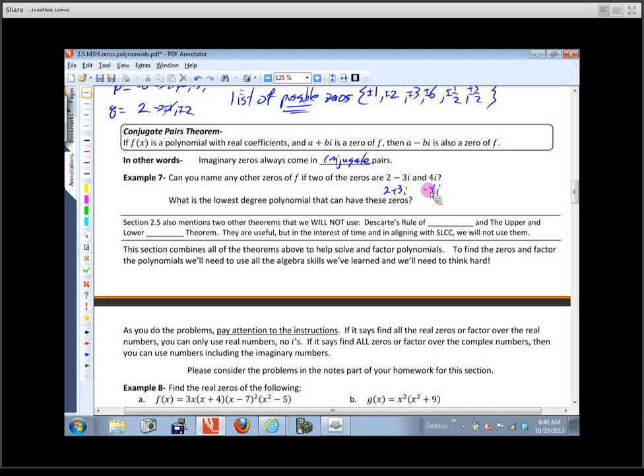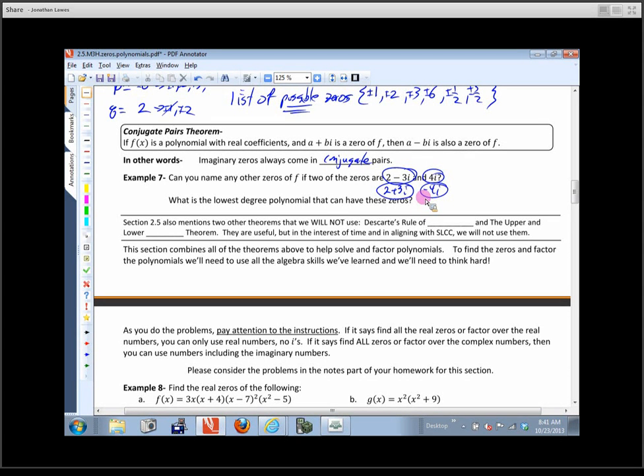Okay? Now, next question, putting these pieces together. If I have this is a 0, this is a 0, that is a 0, and that is a 0, what is the minimum degree polynomial that could have those as its zeros? It would have to be at least degree 4, right? At least. Could be 5, could be 17, but it's got to be at least degree 4. Why?